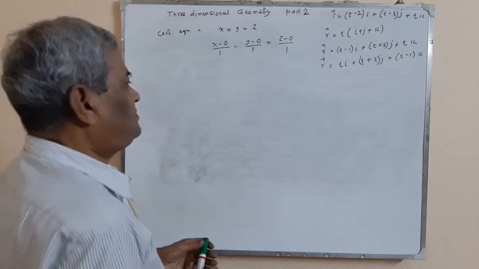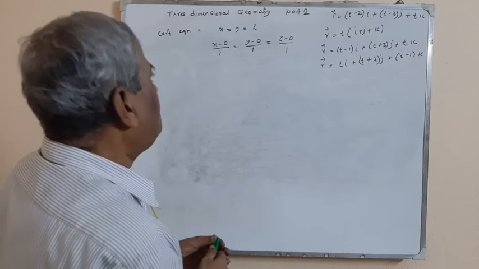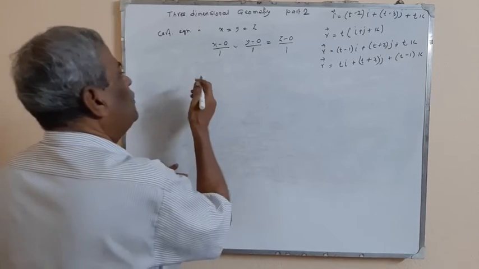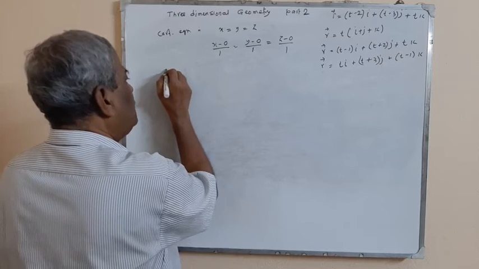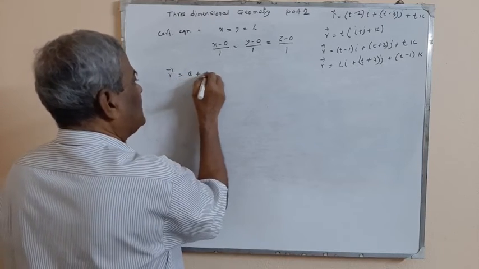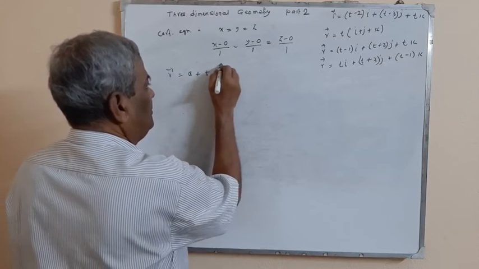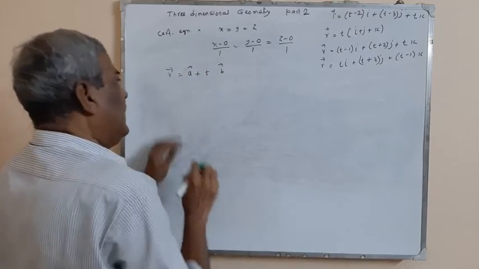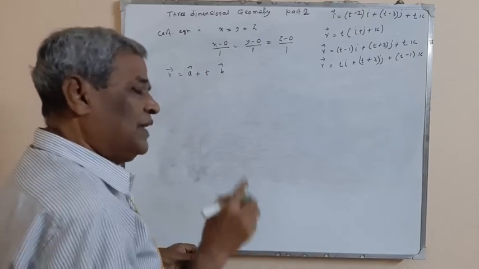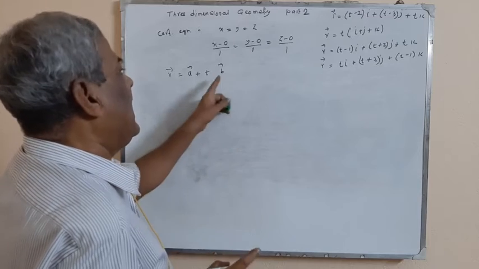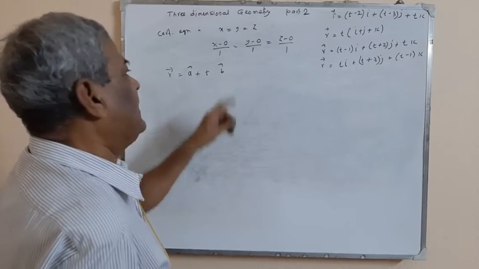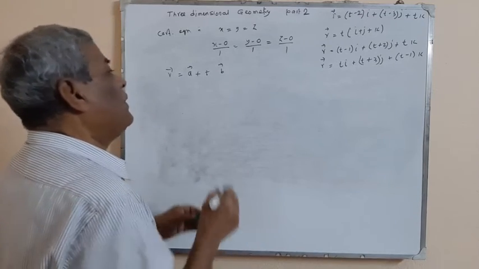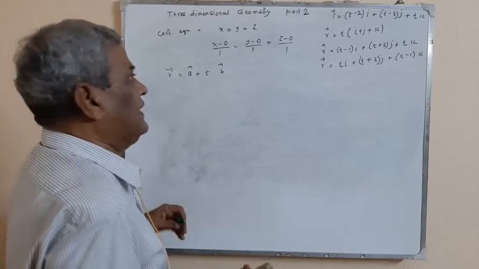So its vector form is, as we normally know, r is equal to a plus t into b. a is the vector through which the straight line passes and b is the vector parallel to the given line.